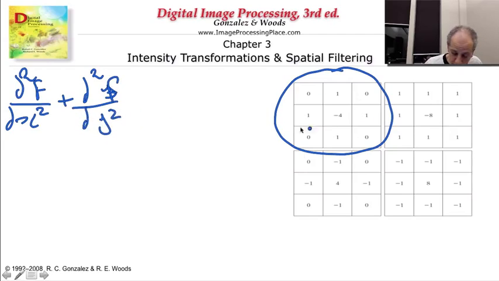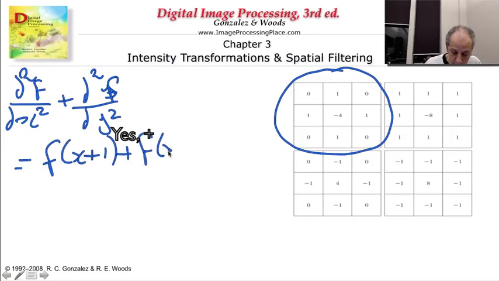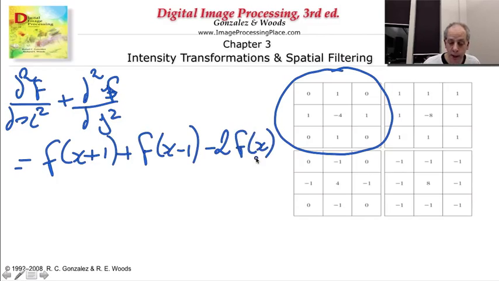And we know either from the previous slide, because we can compute the second derivative in x and the second derivative in y and add them. And we actually know that that's basically f at x plus 1 minus f at x minus 1 minus 2f at x. And I'm not writing the y's because they haven't changed.